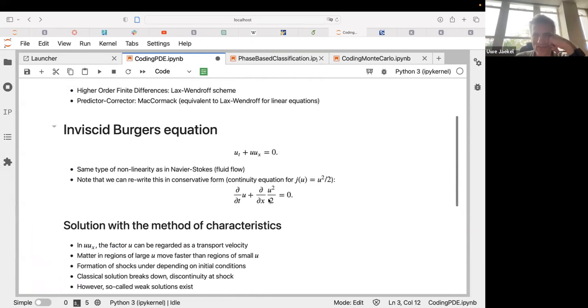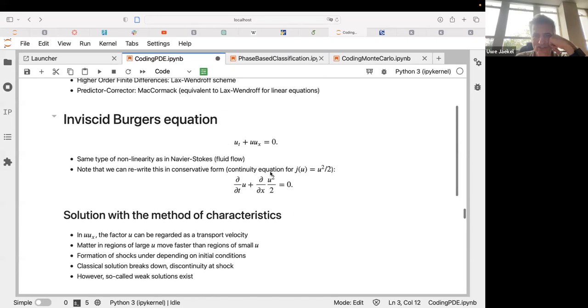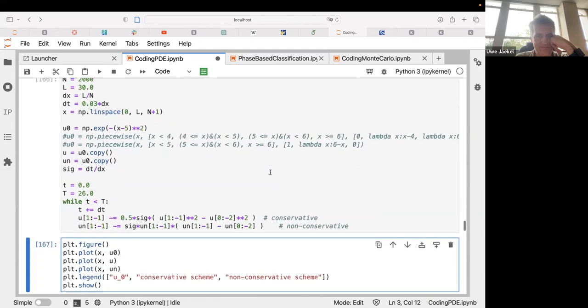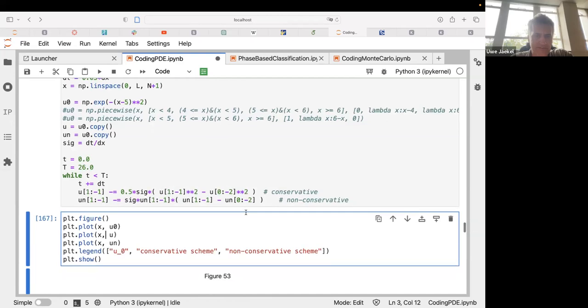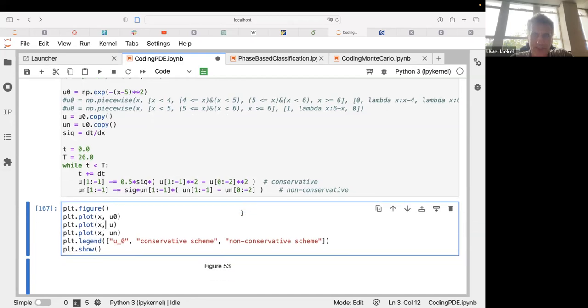So this scheme seems to be better than this one. When we discretize this, it's better than when we discretize this. Any idea? Let me see if I see something in the chat here.